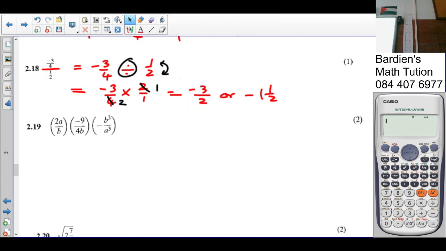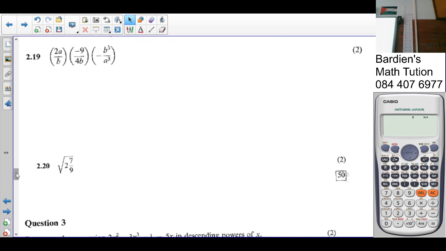Yes. Let's look at the next sum, 2.19. So this bracket stands for multiplication, not so? Yes. So positive times negative is going to be a? Positive. Not so? 2 going into 2 once, 2 going into 4 twice. So on top, I got 8 times 9 times b cubed. It's going to give you 9ab cubed. Not so?